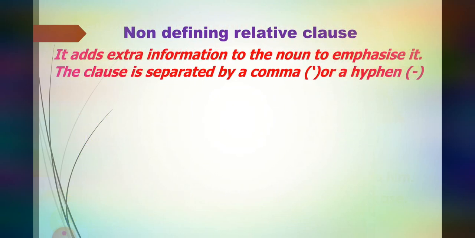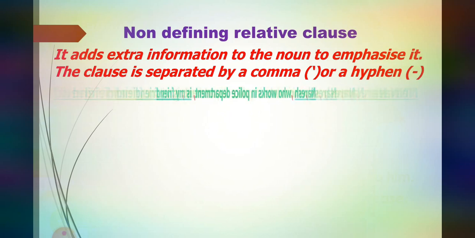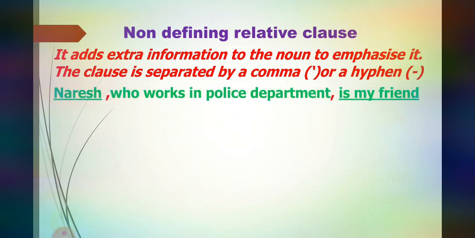But here in a non-defining relative clause, it just adds extra information to the noun. You can see Naresh, who works in police department, is my friend. For example, you just close this relative clause, who works in police department, which is separated by commas. You just close it and read the remaining sentence.